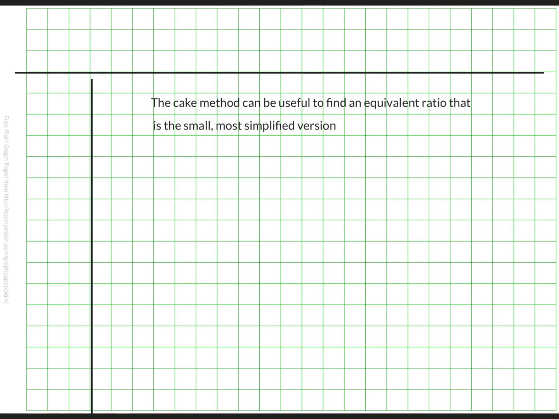Sometimes the equivalent ratio we're looking for is the smallest, most simplified version. For that, the cake method can be really useful. Say, for example, you want to find the most simplified version of the ratio 36 to 30. We can set this up as we used to do with our cake method, and we can think about the values that we can divide both 36 and 30 by.